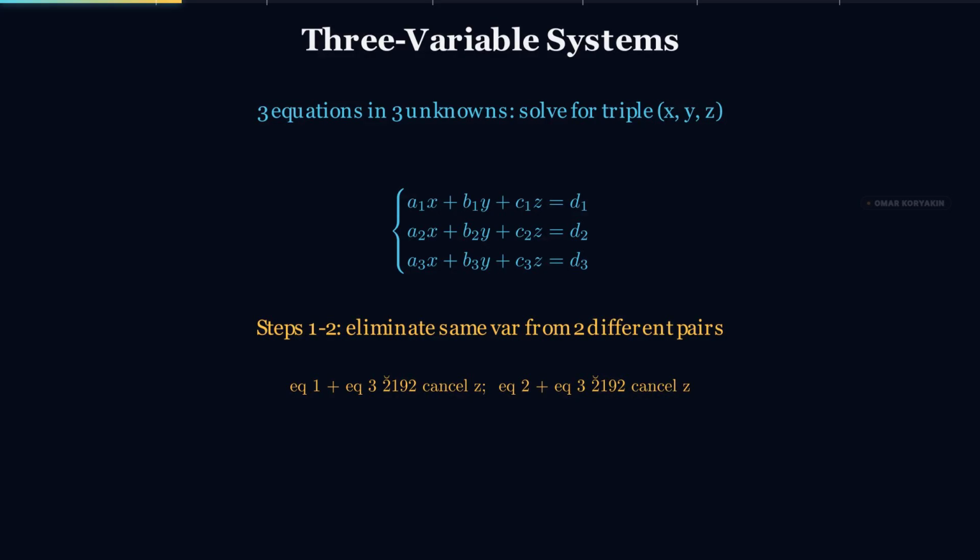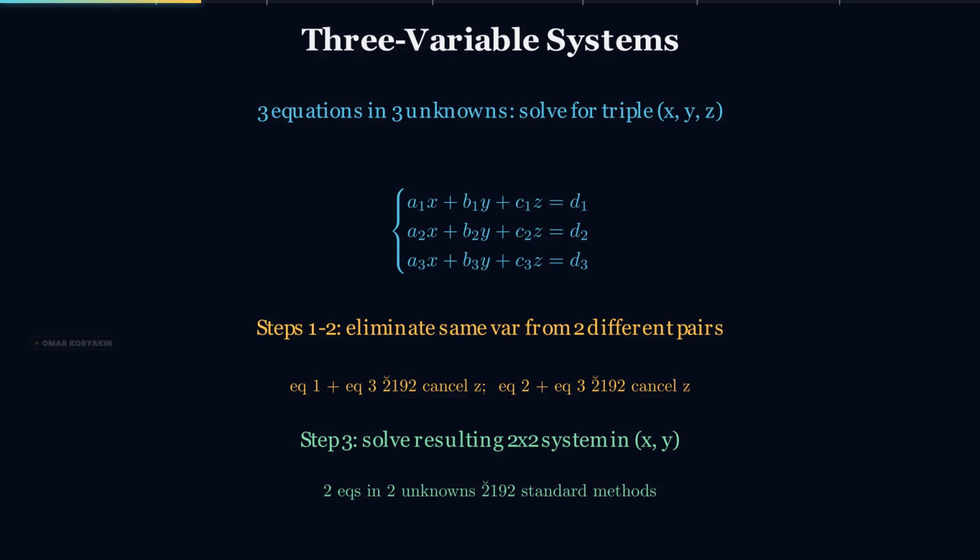Step 1 is to choose a variable to eliminate first. Look at the 3 equations and decide which variable has the cleanest coefficient pattern across the equations for cancellation. Pick 2 of the 3 equations and use elimination to cancel the chosen variable, producing a new equation in the remaining 2 variables.